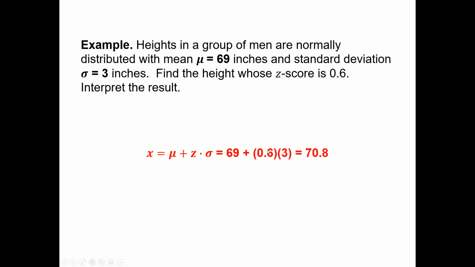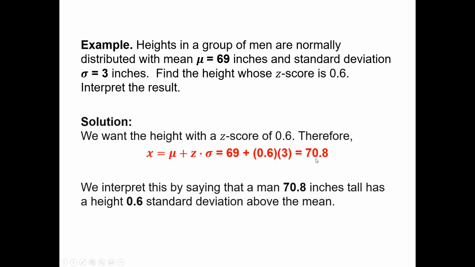So this part equals 1.8. 69 plus 1.8 equals 70.8. So we can interpret this by saying that a man that is 70.8 inches tall has a height 0.6 standard deviations above the mean, because that's an interpretation of the z-score, if you remember.